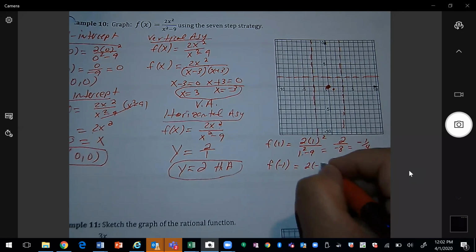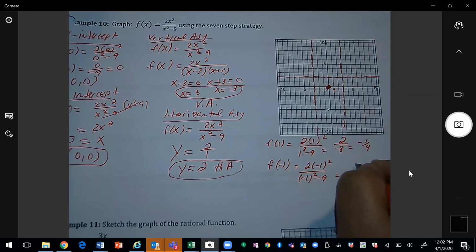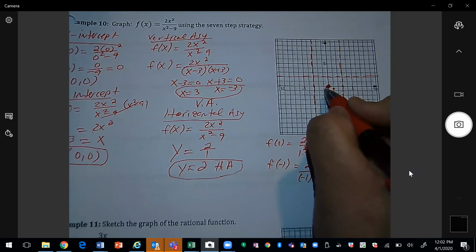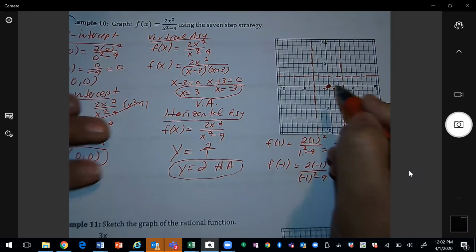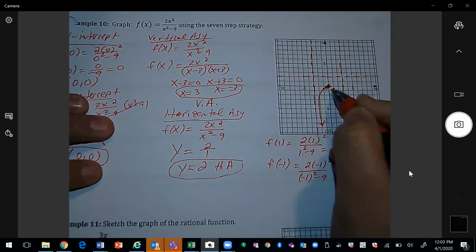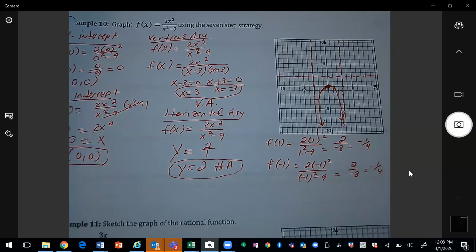So 2 times negative 1 squared divided by negative 1 squared minus 9. So we get 2 minus 8, negative a fourth. So that's going to be about here. Okay. So for this graph, this is going to go down, and then this is going to go down as well. So it's like a parabola in there.